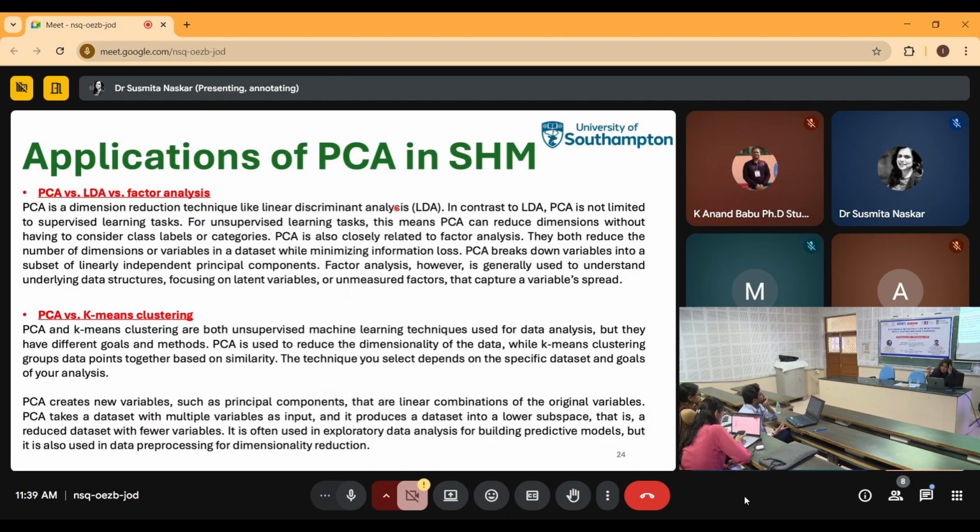If you compare PCA with k-means clustering, PCA reduces the features, whereas k-means groups samples. They have different goals, but they definitely work well together. If you use PCA first to denoise and keep, say, 90 to 95% of the variance, and then run k-means, you have a compact space for more stable clusters.